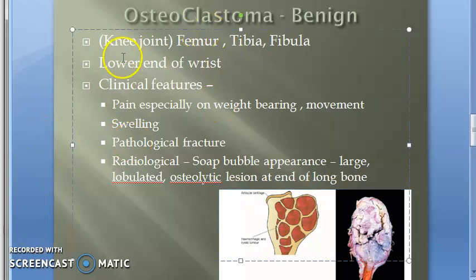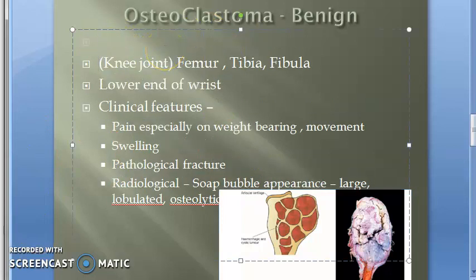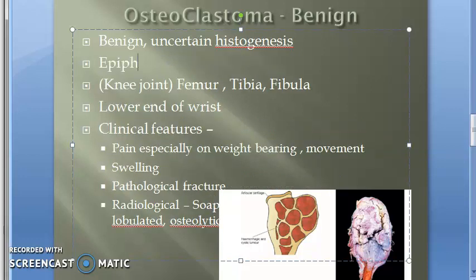Shall we move on, guys? So let us revise what we have seen in osteoclastoma so far. Basically, it is benign. And it has uncertain histogenesis. Hence, it is classified in unknown histologic origin. It arises in the epiphysis close to the articular cartilage.